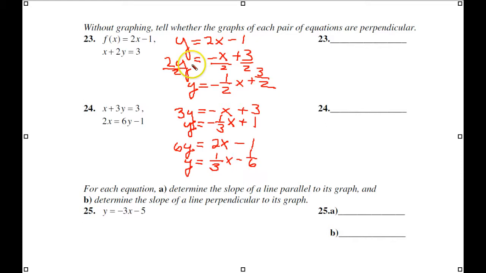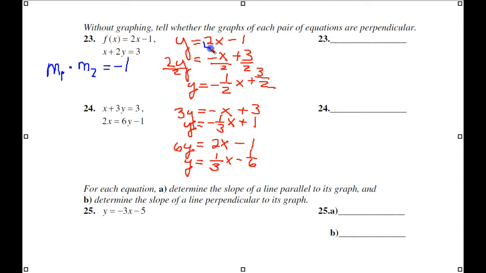Now, as we look at these two for number 23 and 24, we're wondering, does the product m sub 1 times m sub 2 equal a negative 1? Well, again, you have to find out what is the slope. So this is y.